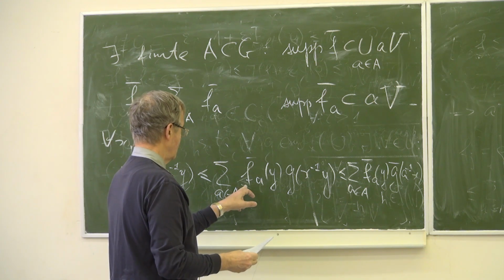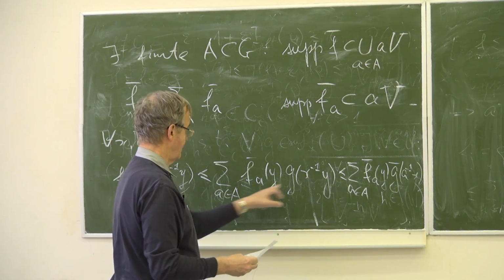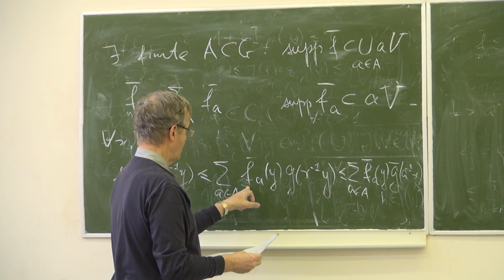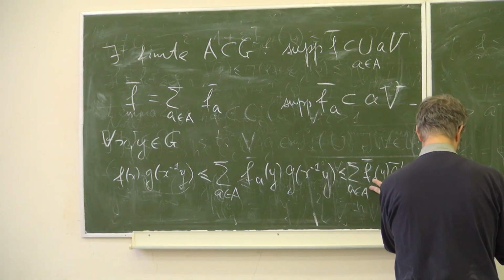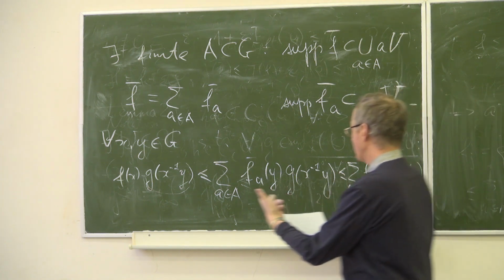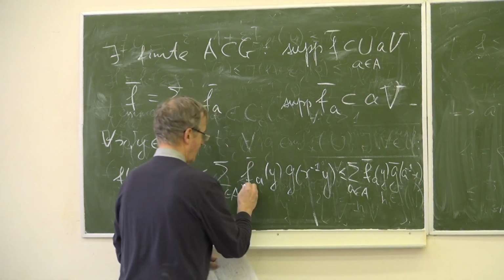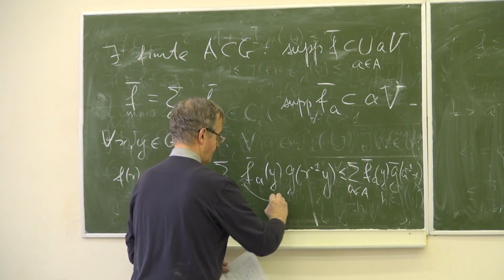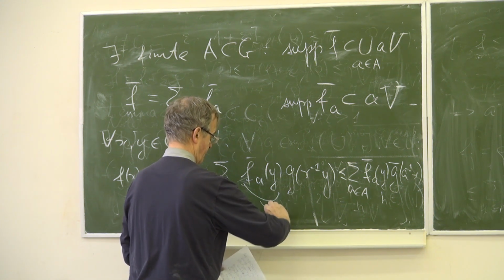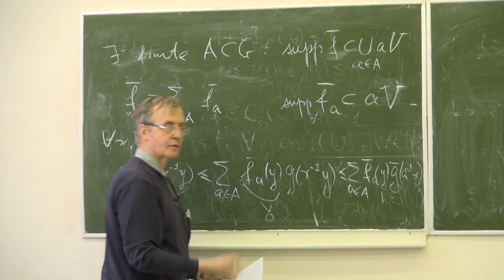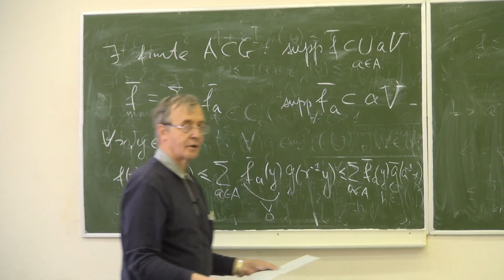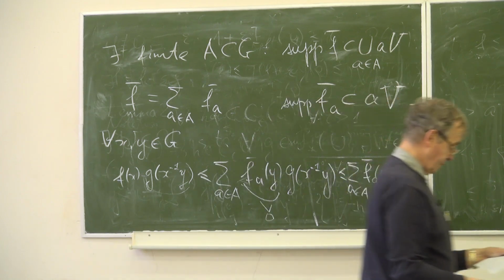Simply we estimate this term-wise. We estimate one term of this sort by the corresponding term of this sort. And this should be done only for those y for which this is positive. Because if this is 0, then the corresponding majorization is trivially true. So we suppose that this is positive.